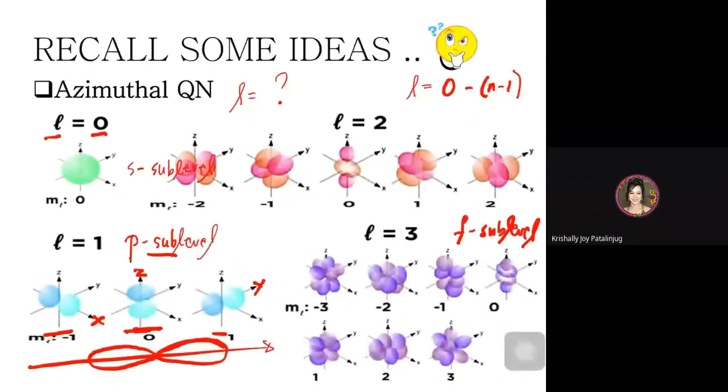Another thing that gives importance to atomic orbitals is that they can be used to describe the distribution of electrons of an atom. We can determine the electronic configuration of an atom based on the atomic orbitals. Say, for example, recall that carbon has an atomic number of 6.